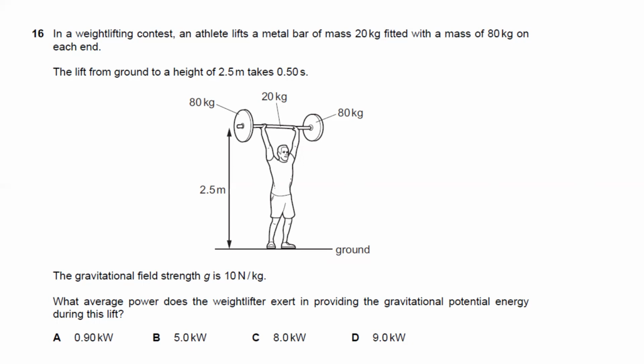Okay, so average power. Remember, energy equals power multiplied by time. So calculate the potential energy at this point. Potential energy is mgh.